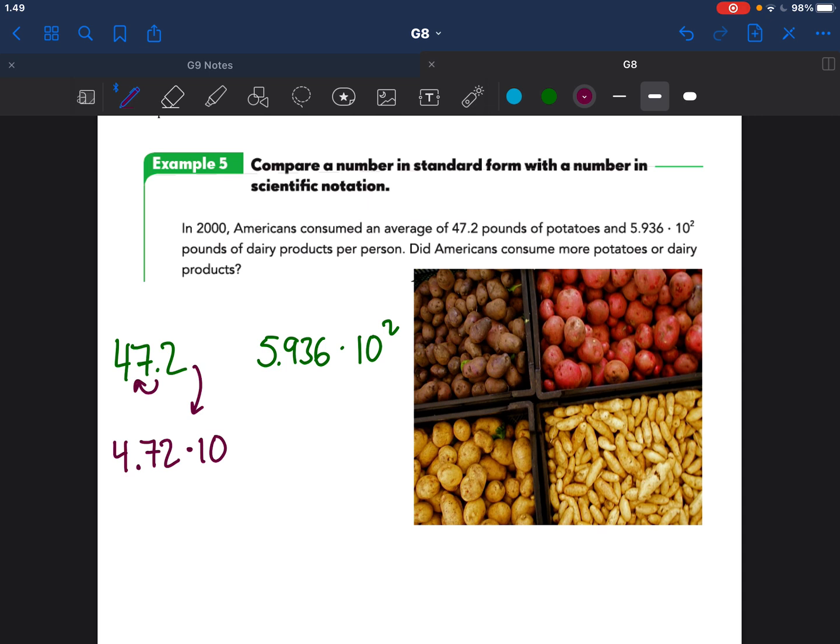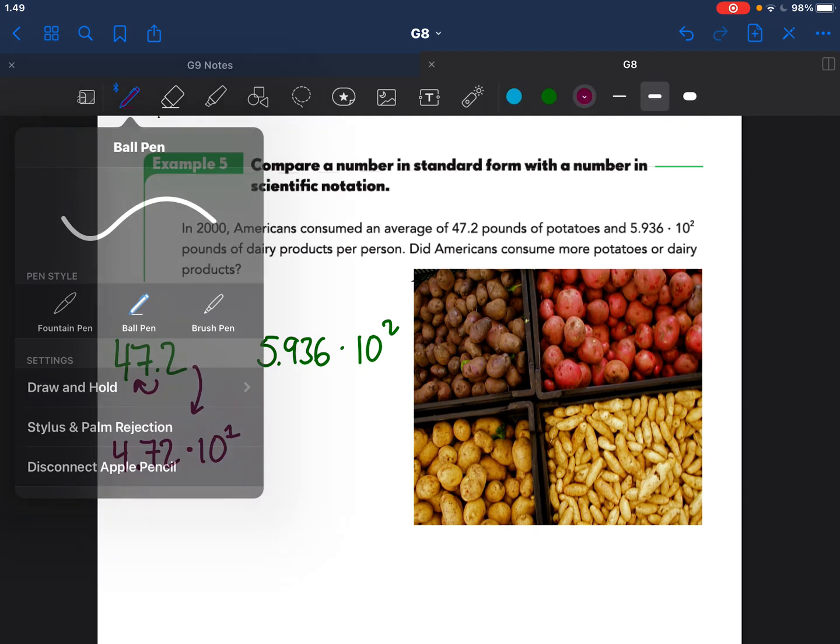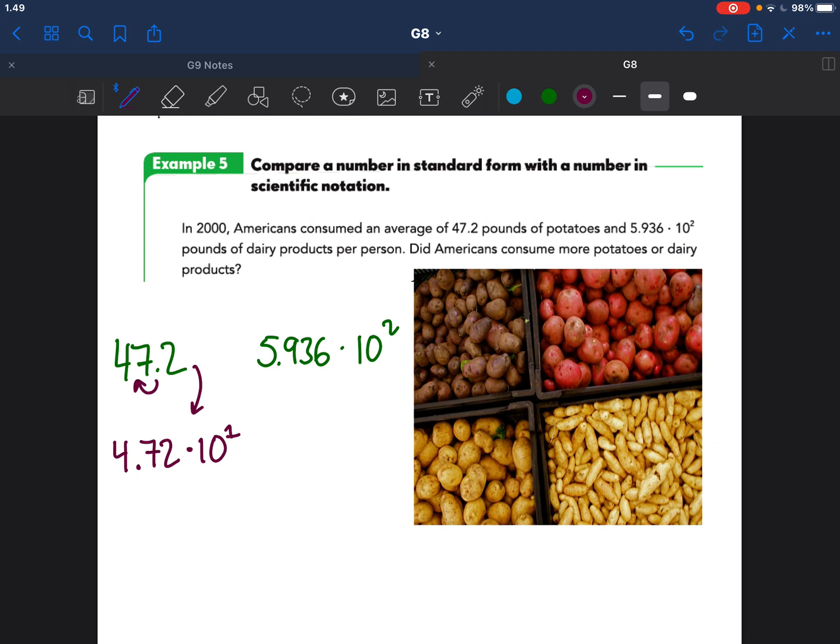That means the exponent will increase. You can check: 4.72 times 10, that's 47.2, check. Again, like what I said, compare exponents first. So obviously, in this case, this one wins because the exponent here is bigger.